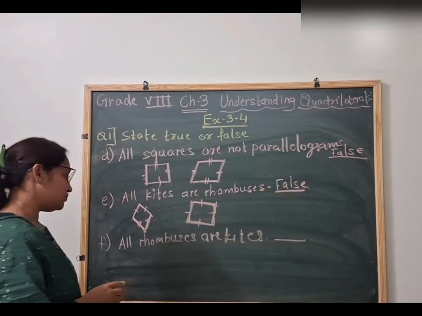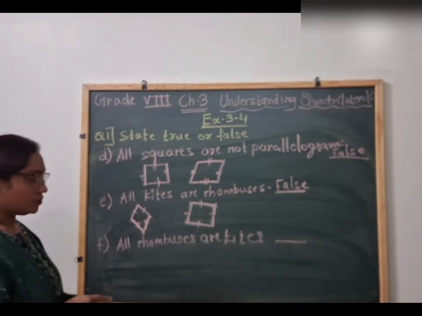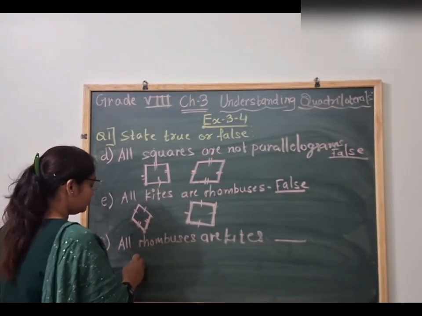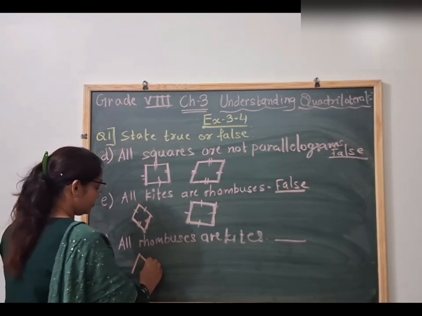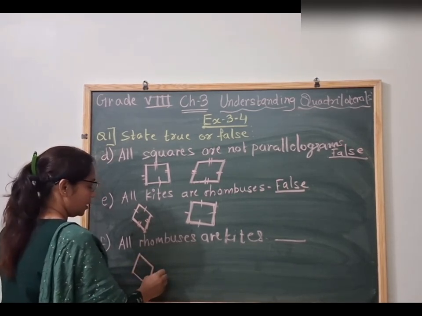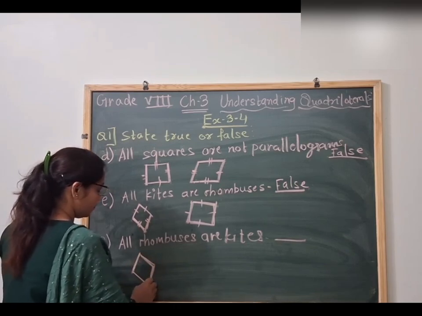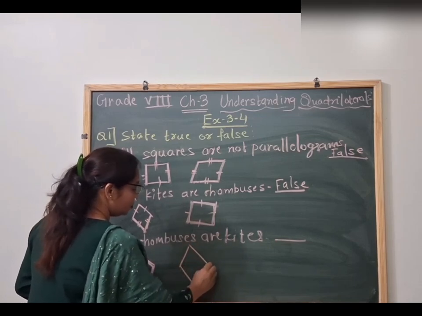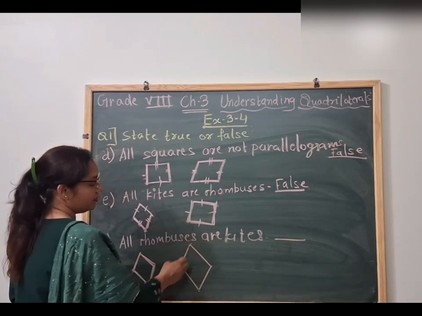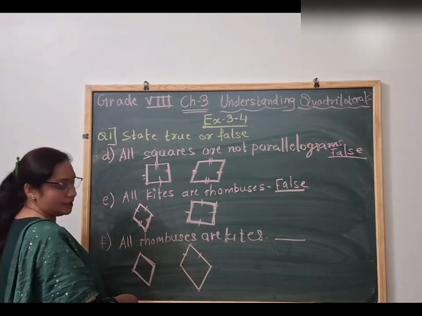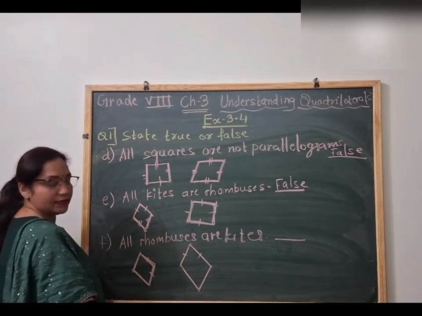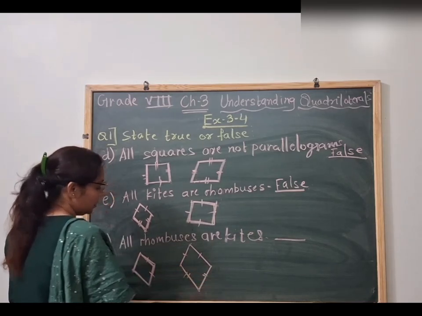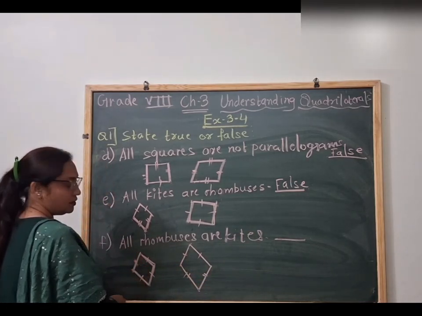Now moving on to next one, all rhombuses are kites. Okay, so पहले rhombus draw करो. Then when I talk about kite, so पहले kite की क्या property थी जो हमने पहले बताई थी? Adjacent sides are equal. Here also adjacent sides are equal. These two sides are equal and these two sides are also equal.